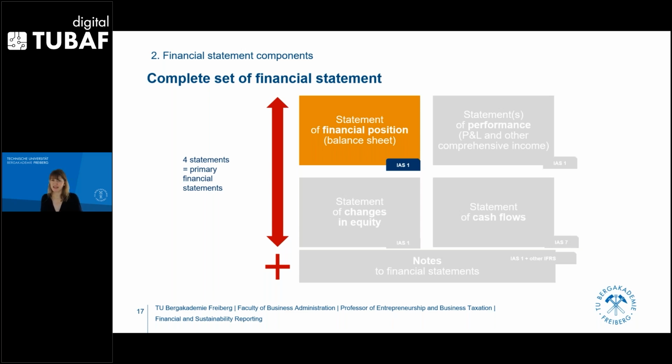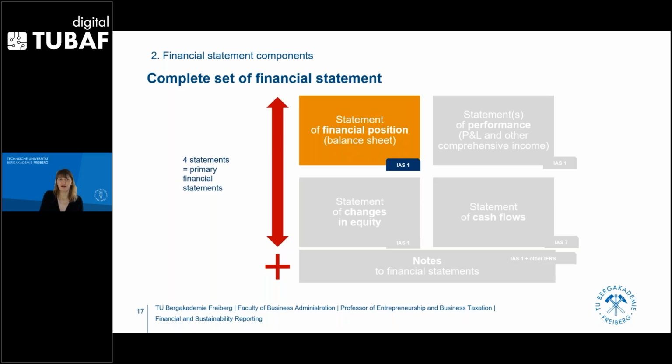So we have a set of standards, and the standards deal with different issues of financial reporting. The first standard deals with the components of a financial statement, and also IAS 7, which talks about the statement of cash flows, is related to this set of financial statements.